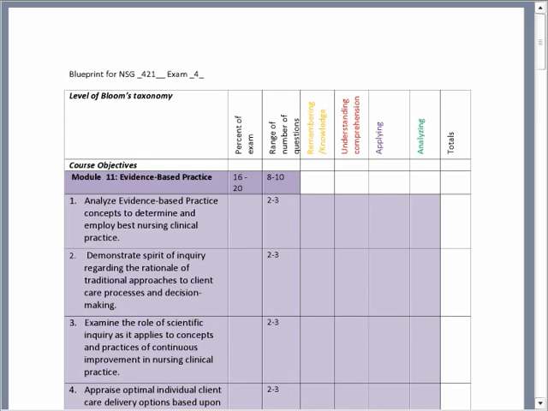Okay? The third objective says for you to explain the value both individuals and teams contribute to improvement in client care processes and outcomes. Well, this is where you have to be able to tell me the difference between teamwork and collaboration, and whether it's an individual looking to work something or a team working something.